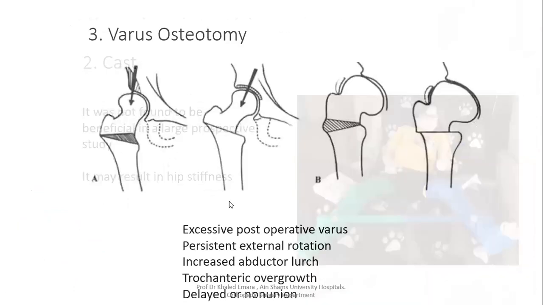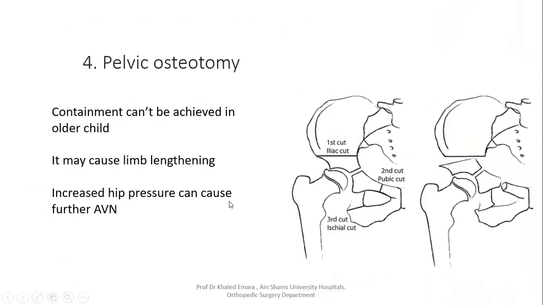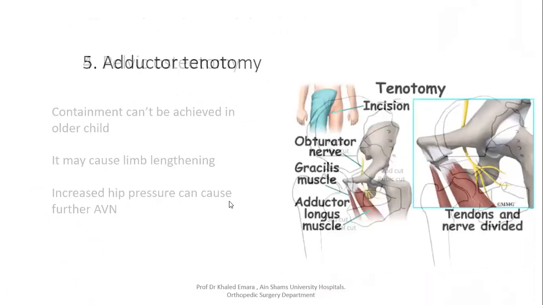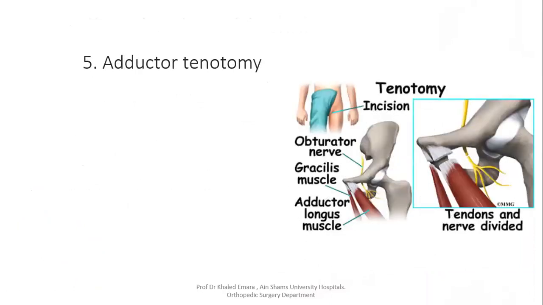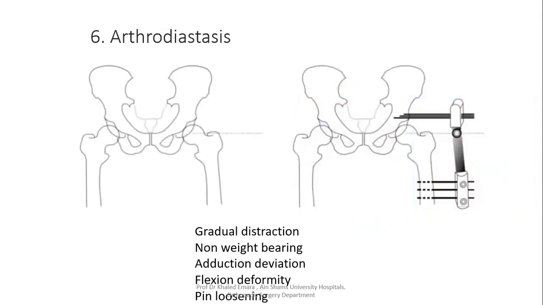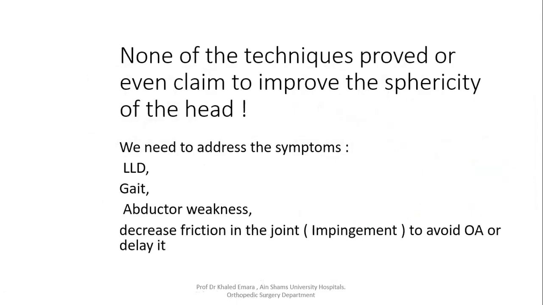Cast also doesn't work. As I explained, varus and pelvic osteotomy don't work. Adductor tenotomy, useless. Why do an adductor tenotomy? They say just to relieve the hip. It's just doing the wrong surgery in the wrong place because you don't know what else to do. And arthrodiastasis or hip distraction.